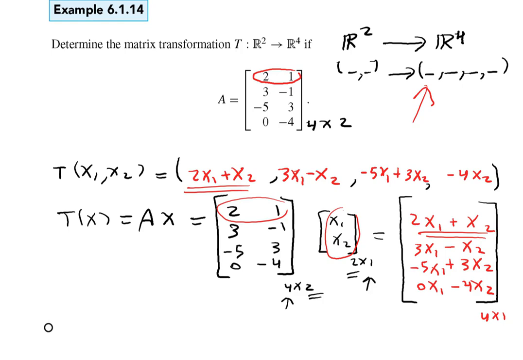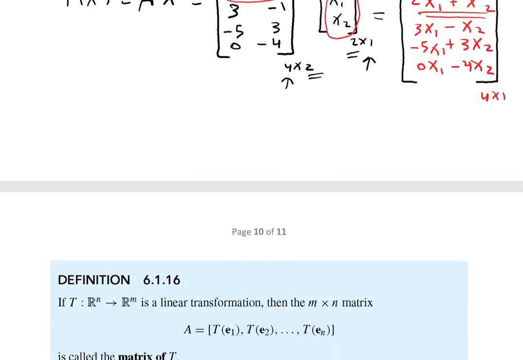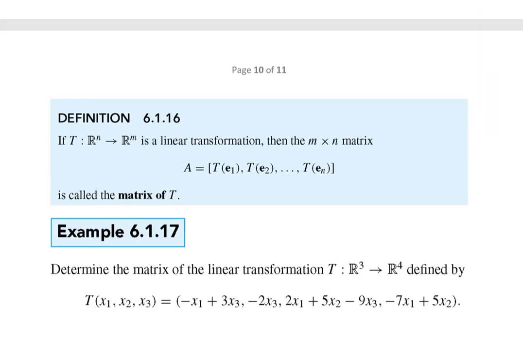As you saw above, we have 4 outputs or 4 elements with commas that belong to R to the 4. So we are in R to the 4. Okay. Moving on to the last 2 pages.